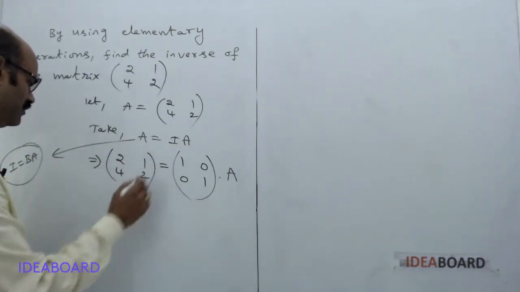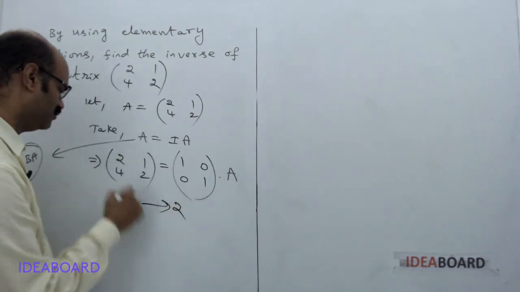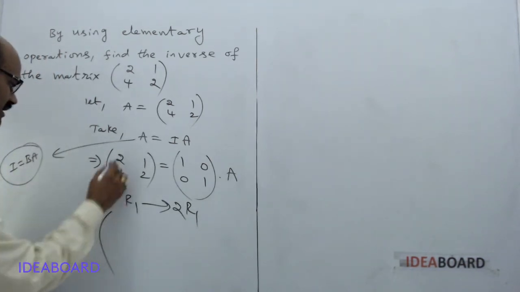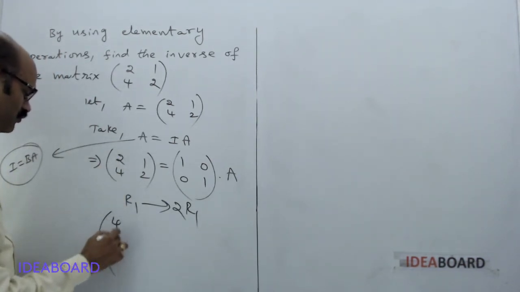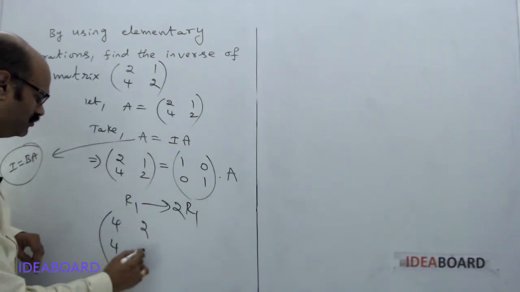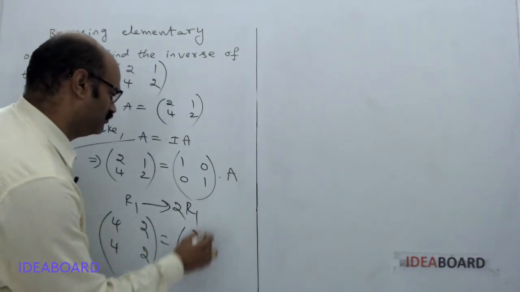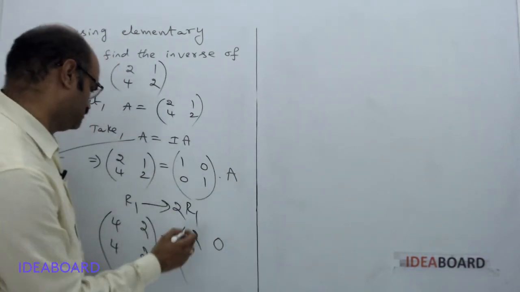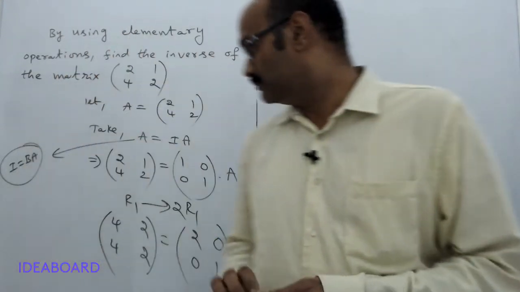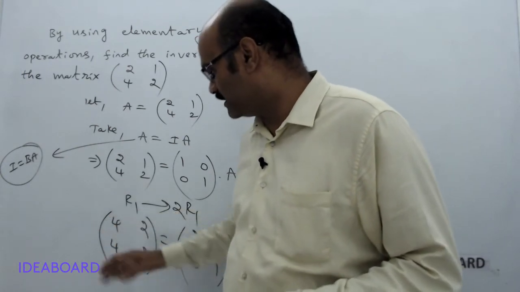So what I do is I will multiply R1 implies 2 into R1. Then we get 2 into 2, 4. Here 2 into 1, 2, 4, 2. 2 into 1, 2, 0, 0, 1 into A. Now I take it as R1 implies R1 minus R2.